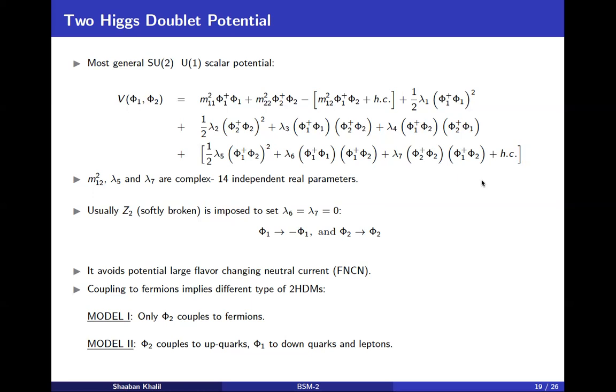And in the minimization, we still have the original issue of having both m1 squared and m2 squared negative, because we want phi 1 and phi 2 both to contribute to the electroweak symmetry breaking. We will not assume one of the doublets breaks the symmetry and the second one does not, because we said one of the doublets will couple with the up quark sector and one will couple with the down.